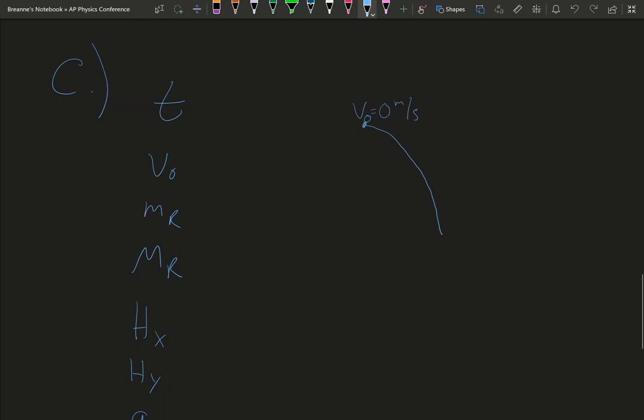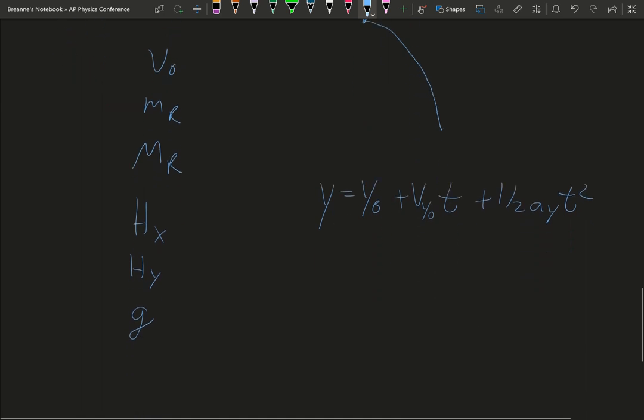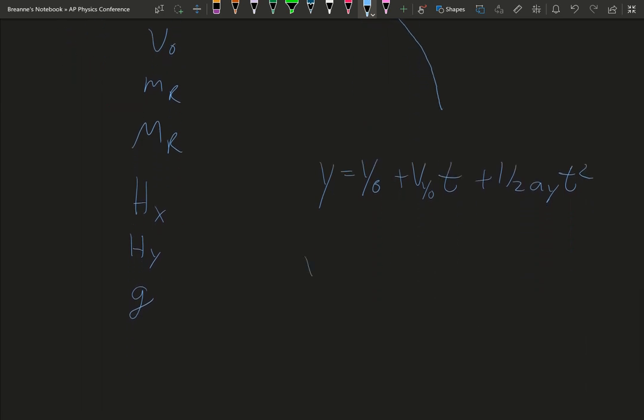That becomes our initial velocity. So we can do our y equals y naught plus v y naught t plus 1/2 a y t squared. And now we just plug in for what the equations are.